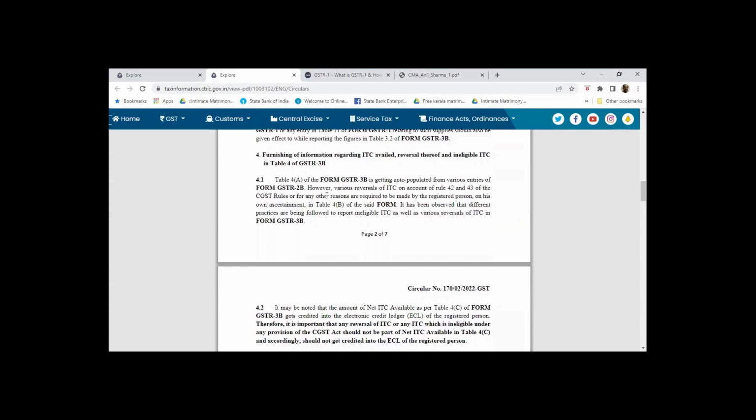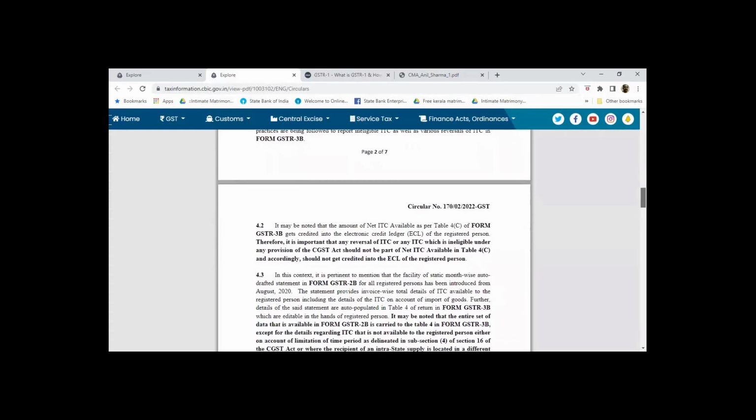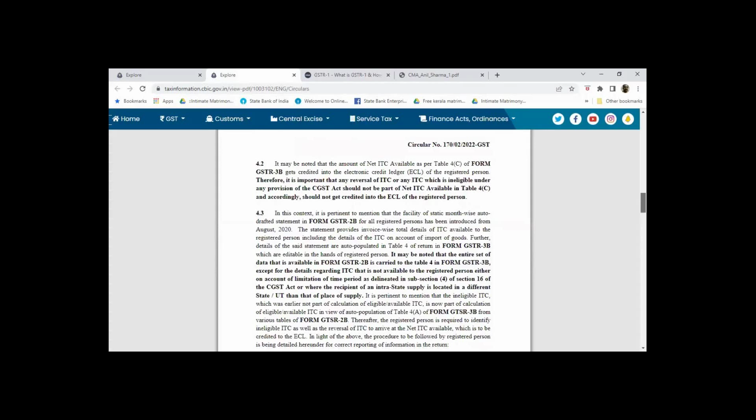There are different practices which are followed by different taxpayers for reporting ineligible ITC and reversal of various ITC in Form GSTR 3B. It is to be considered that the amount of net ITC available as per Table 4C of Form GSTR 3B gets credited to electronic credit ledger of the registered person.